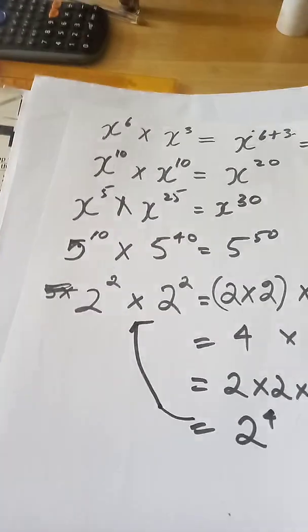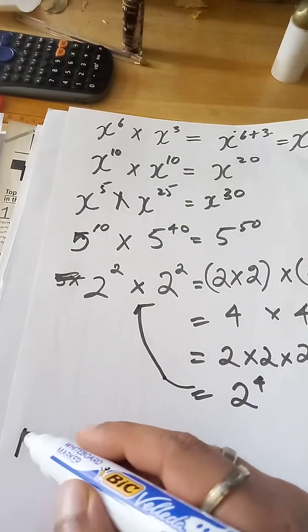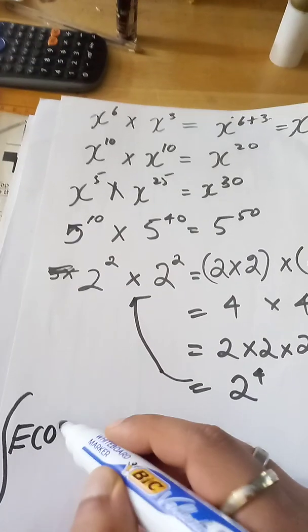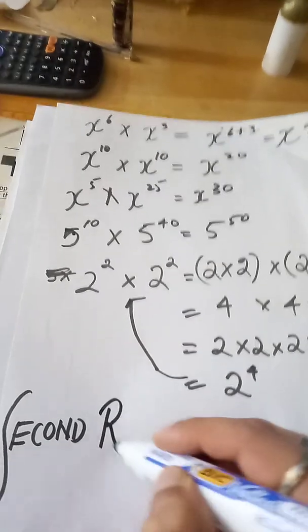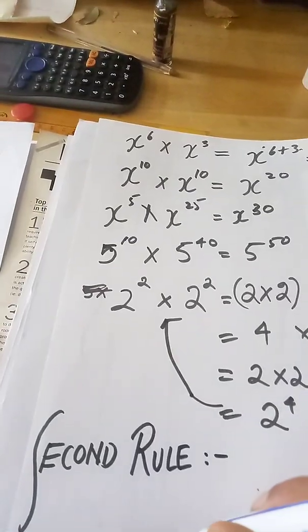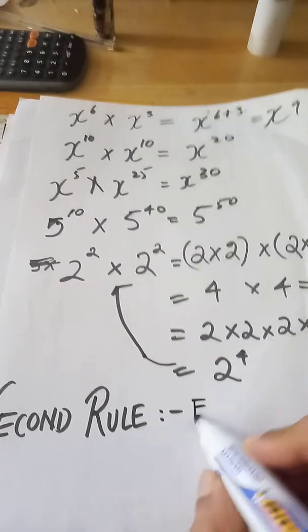And the second rule is exponent multiplication.